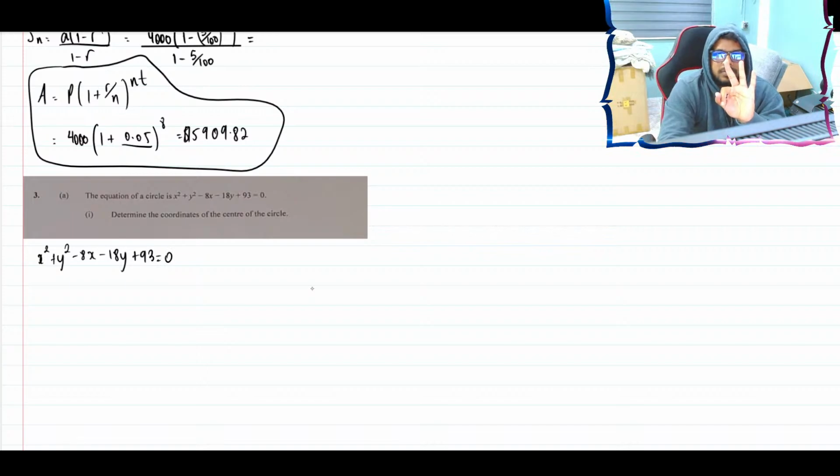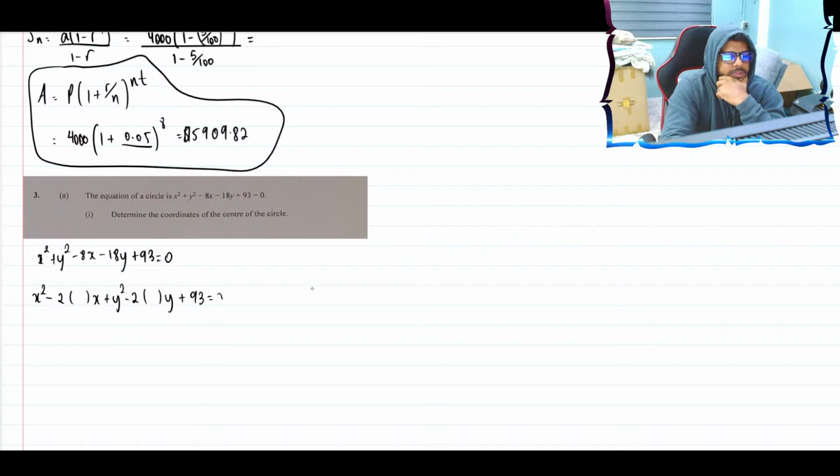There are 3 different forms for this particular equation. One form is x squared minus 2fx plus y squared minus 2gy plus c is equal to 0. So what must go here to maintain minus 8? 4.